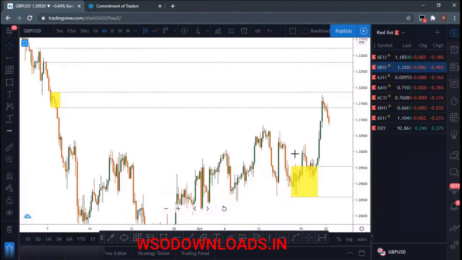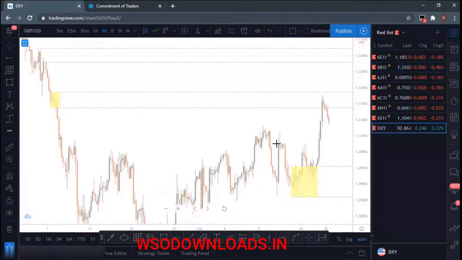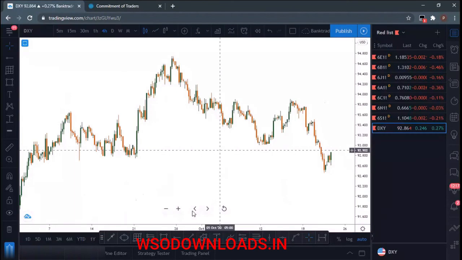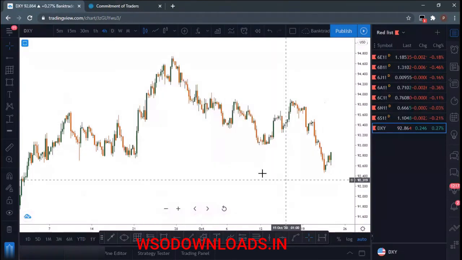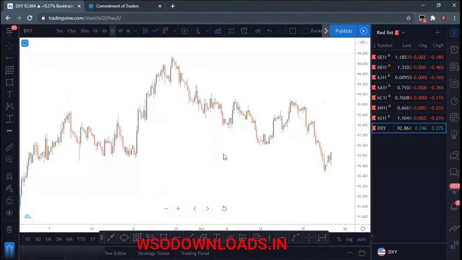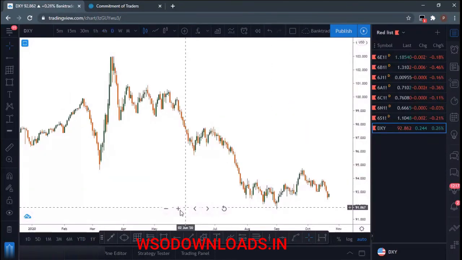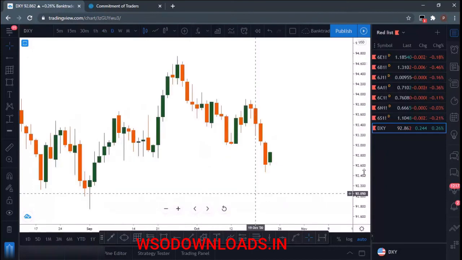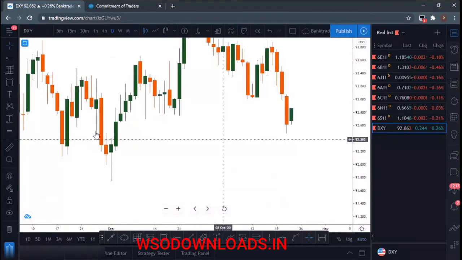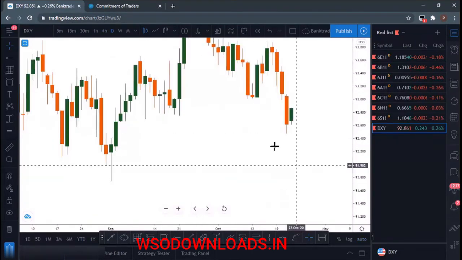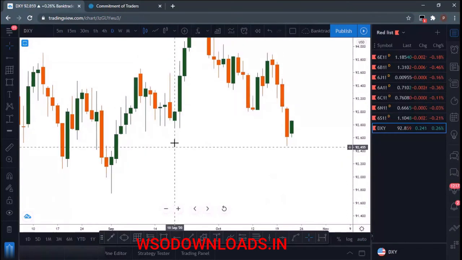So if the dollar futures are telling you that the dollar is long, you can see here, this is DXY. Just open it. It's just showing the price is going up. So the dollar is long. That should push pound down, right?